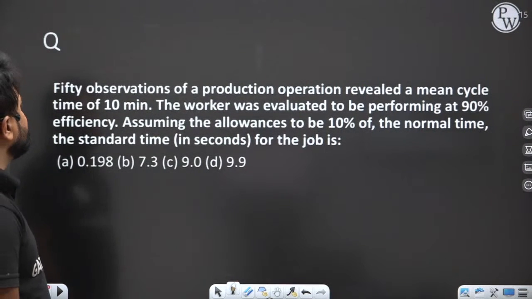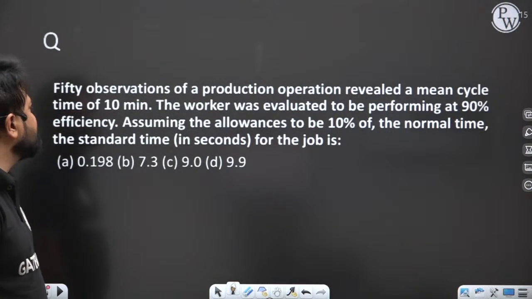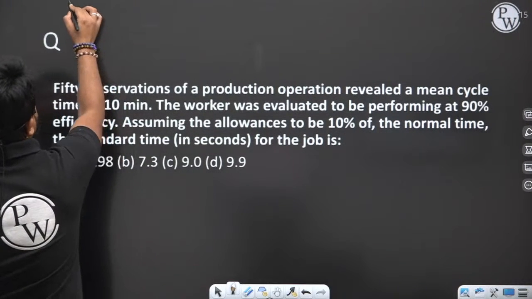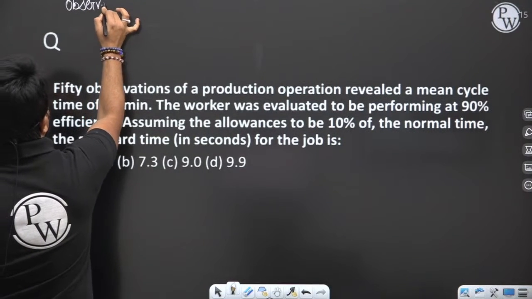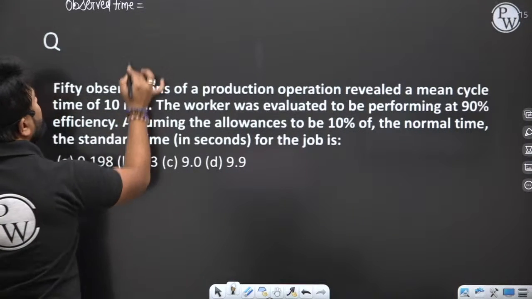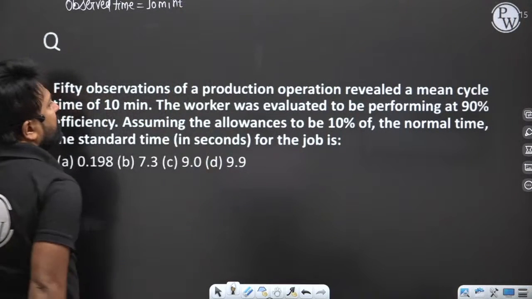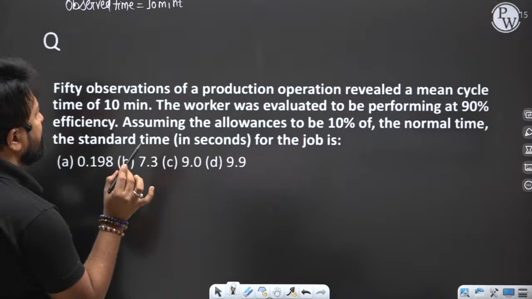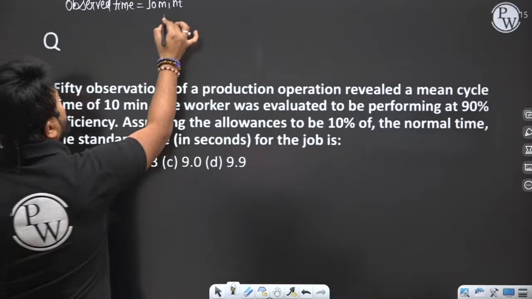Fifty observations of a production operation revealed a mean cycle of 10 minutes. So the mean cycle is the observed time, 10 minutes. The question asks for the normal time per job.